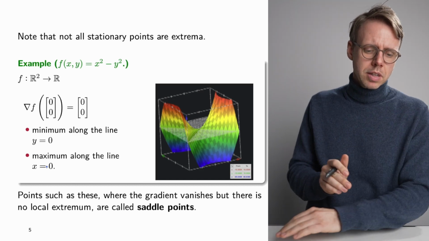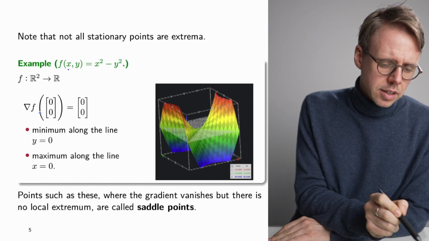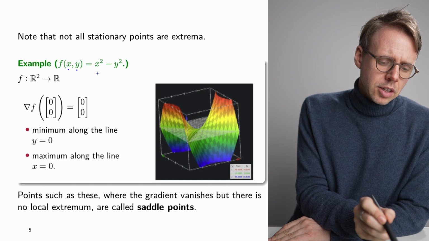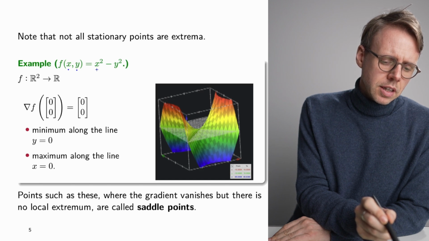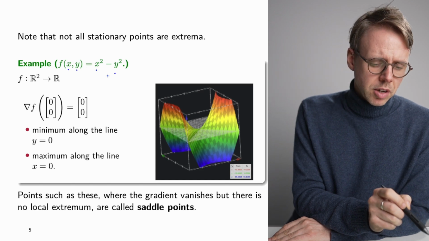Let's look at an example, namely a two-dimensional function. So it's a function that has x and y as inputs, and it computes the difference of x squared and y squared. So x squared minus y squared is our function.